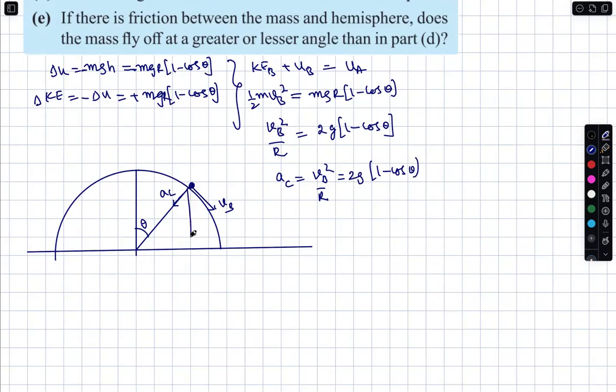Now here you have mg. Along the tangential direction, the only force is mg sin theta. So therefore the tangential acceleration is g sin theta.